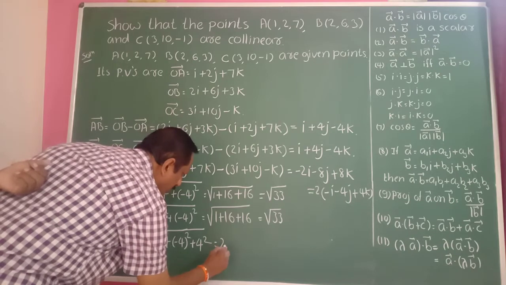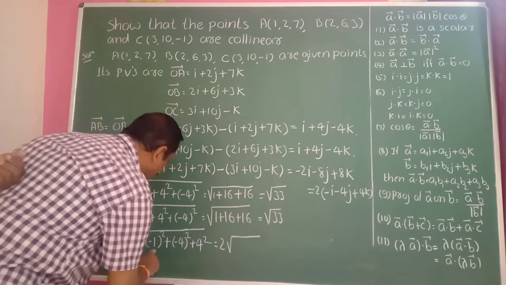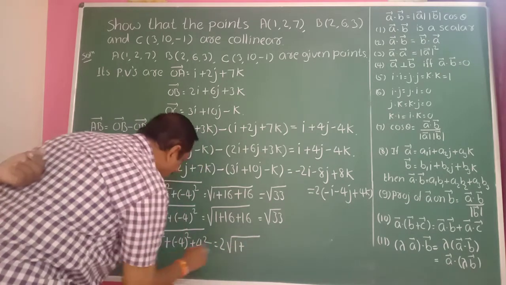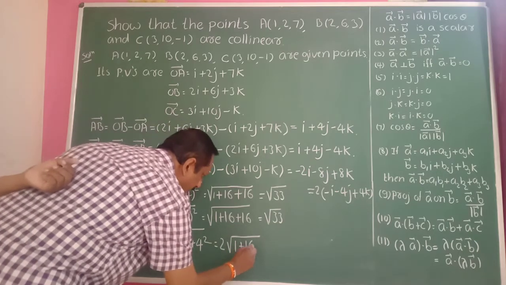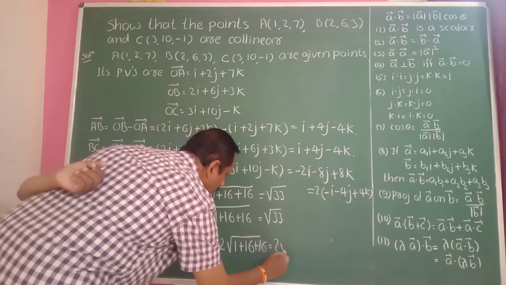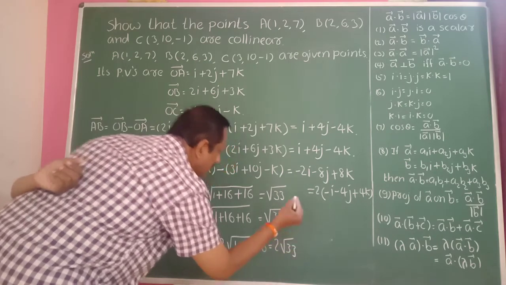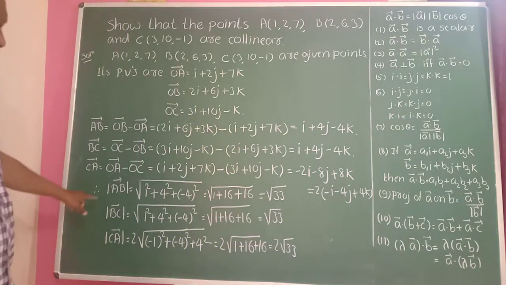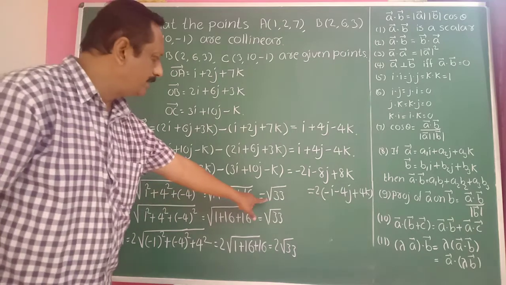So 2 into the root of 1 plus 16 plus 16. Hence it gives 2 root 33. Therefore, AB is root 33.